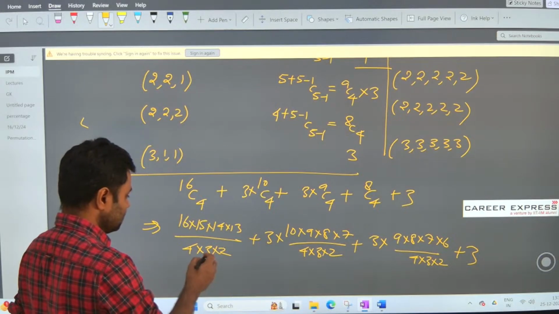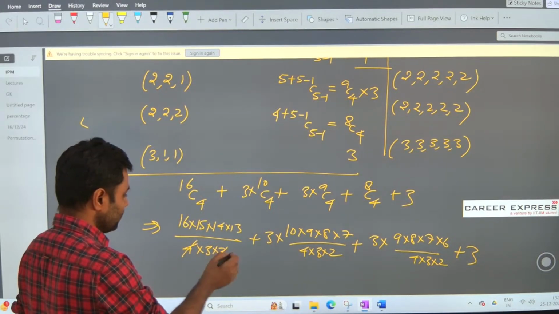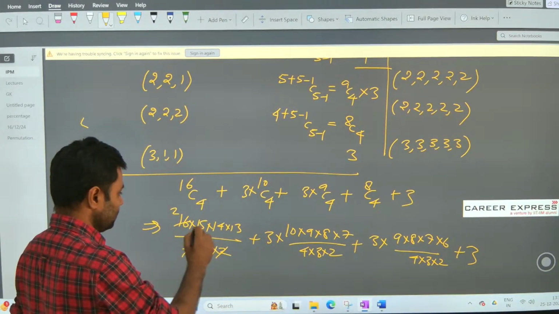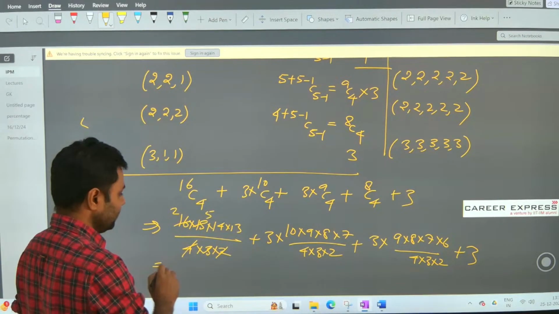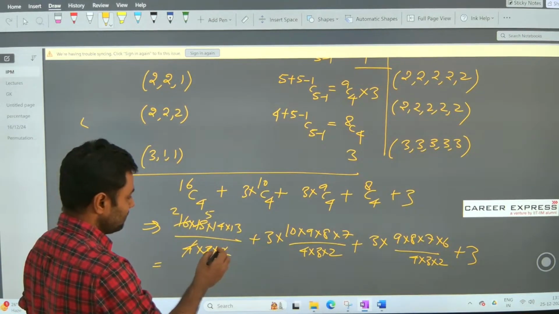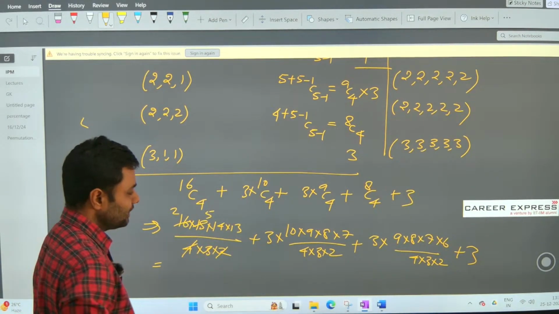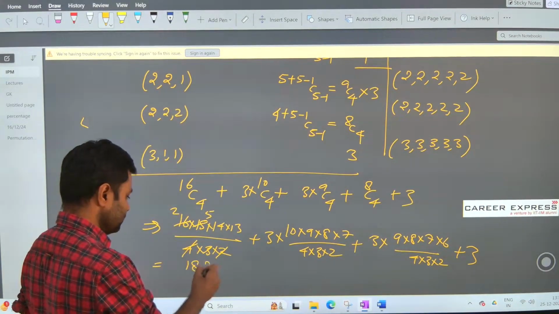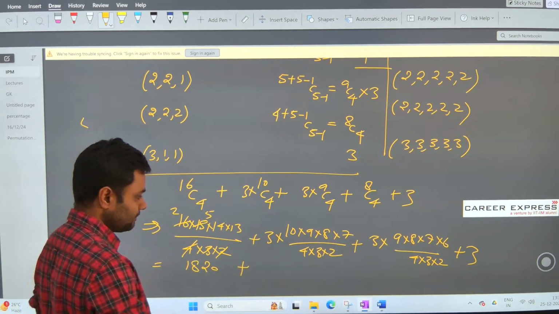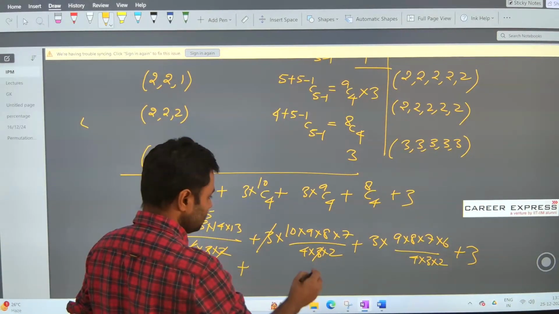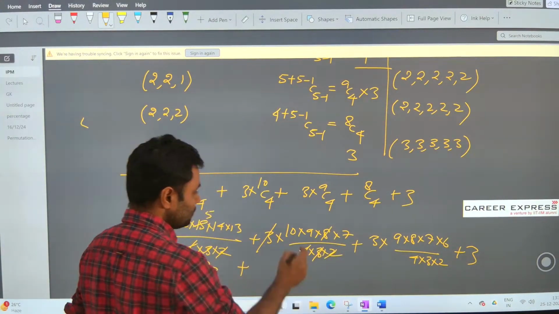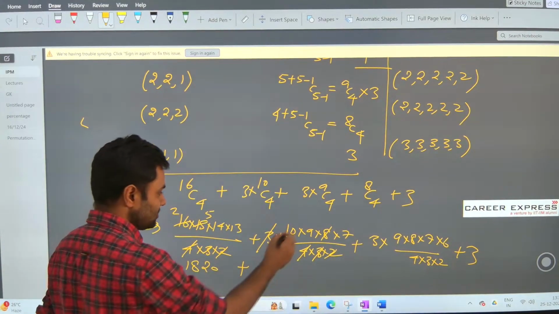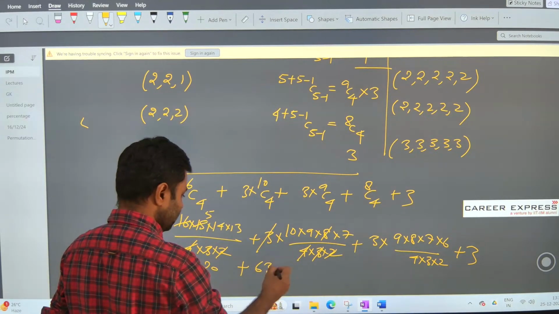So now we can cancel some of the numbers. 4 into 2 is 8, 8 into 2 is 16, 3 into 5, 15. So 2 5s are 10, 14 into 13, 182, 1820, that is the first part. 3 and 3 is cancelled, 4 and 2 is cancelled. So 9 into 7 is 63, 63 into 10 is 630.